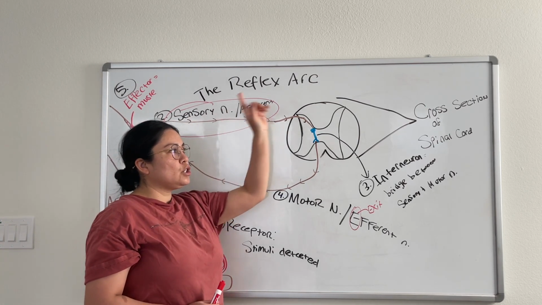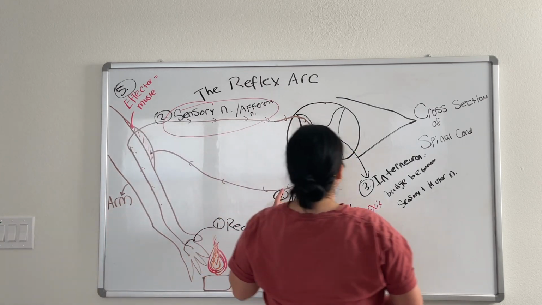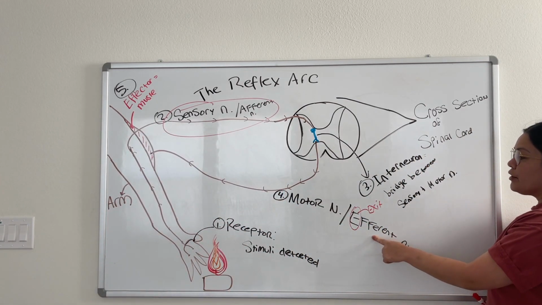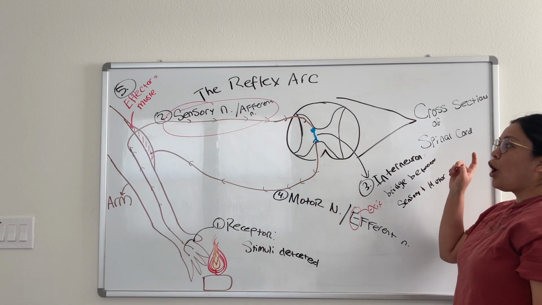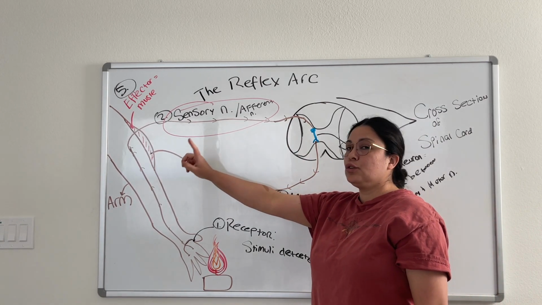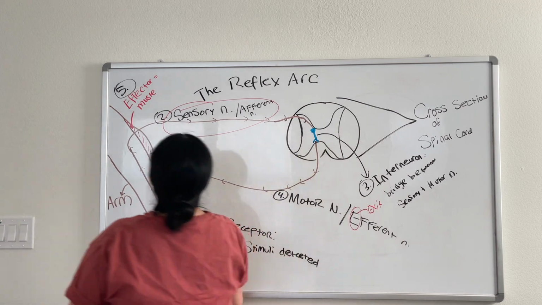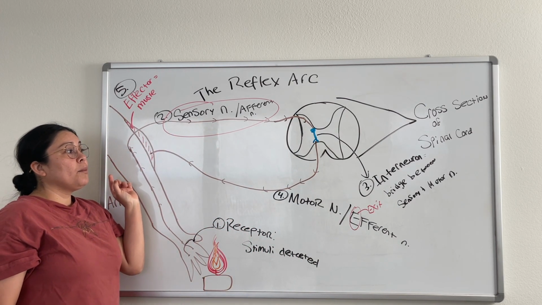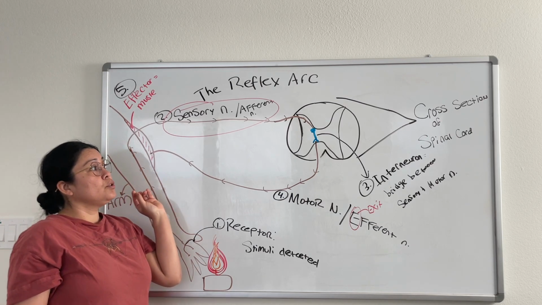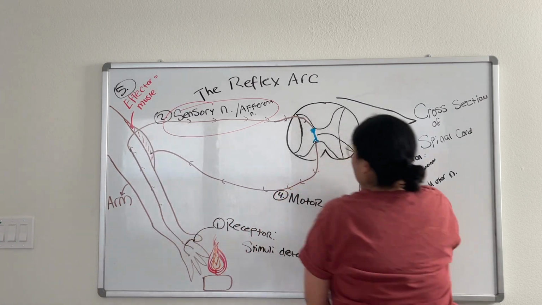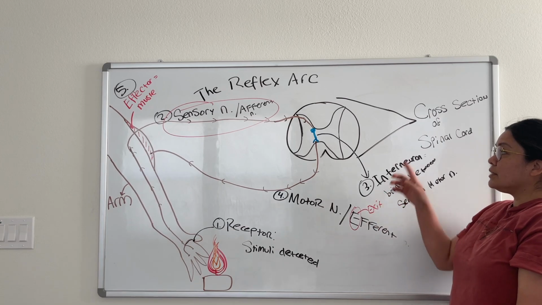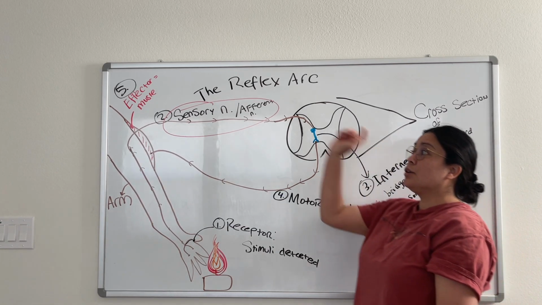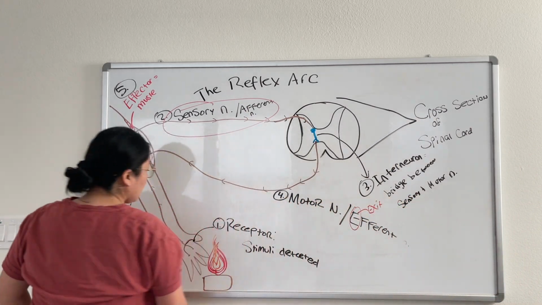It's sending messages towards CNS. Motor neurons, efferent, sending a message away from CNS towards the body, okay? Let's do that again. Sensory nerves, sending messages from peripheral nervous system to the CNS. Motor neurons, efferent, sending messages from the CNS to the body, okay?